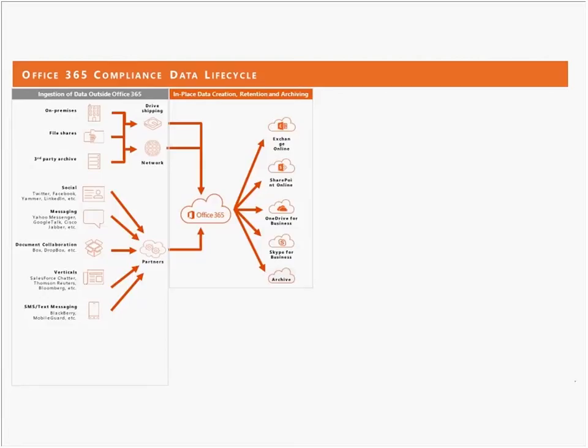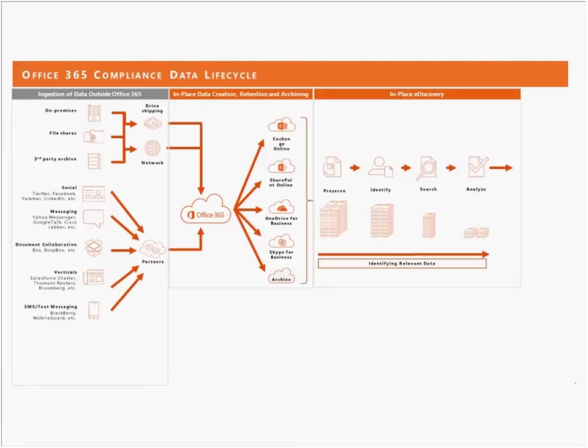Now, we know that not all data is going to be in Office 365, which is part of why we are working together with partners in how they are managing that data and some of the things that they're doing to bring together Office 365 and non-Office 365 data together. But the key thing is that once the data is in Office 365, it allows us to move into our in-place eDiscovery workflow.